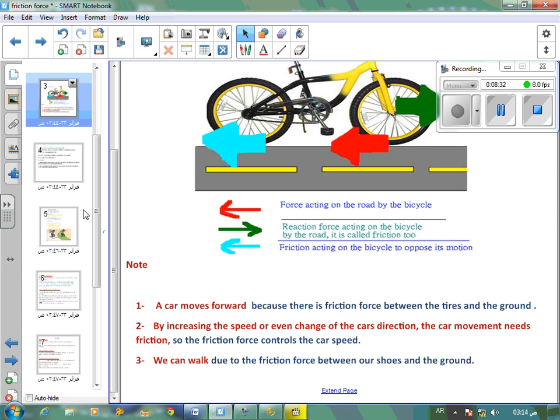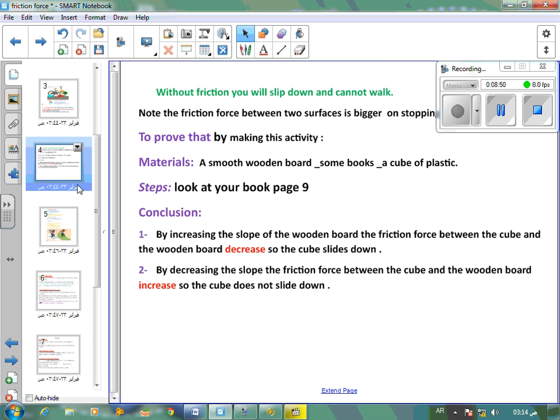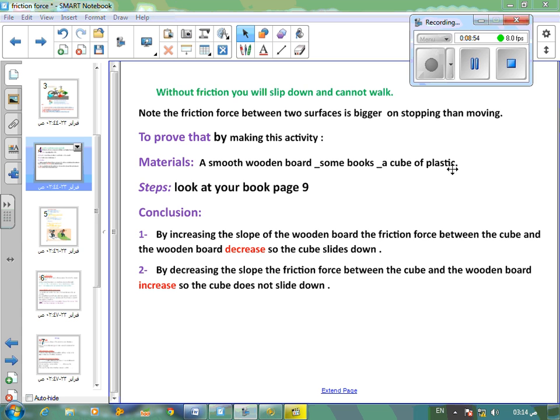And we can walk due to the friction force between our shoes and the ground. So we can conclude that the friction force is very important for us. This is because it prevents us from slipping when walking on the ground. And we found that without friction force, you will slip down and can't walk.